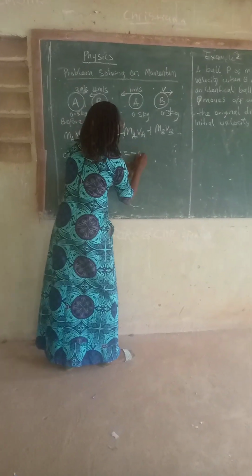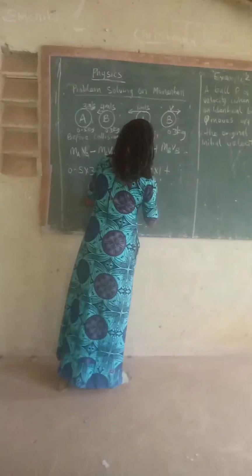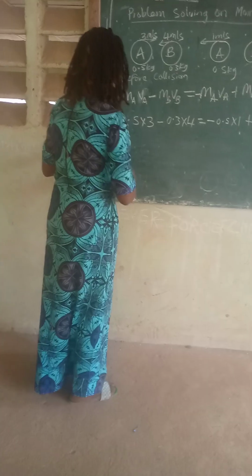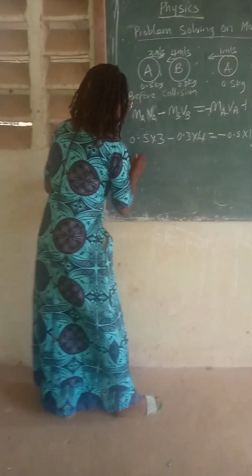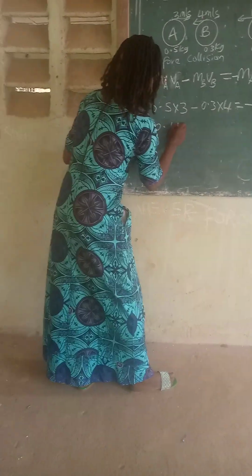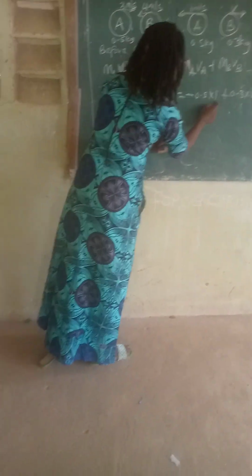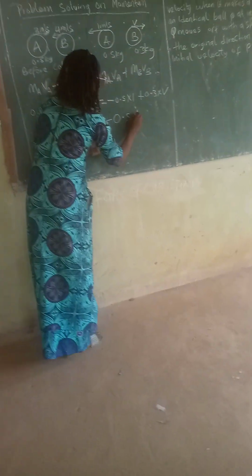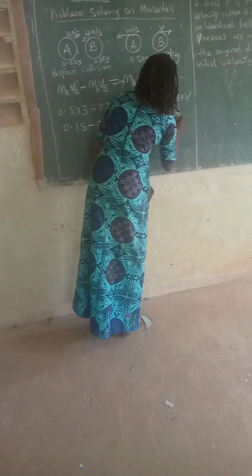minus 0.5 times 1 plus 0.3 times V. So 0.5 times 3 will give us 0.15, minus 0.12, is equal to minus, times this will give us minus 0.5 plus 0.3V.